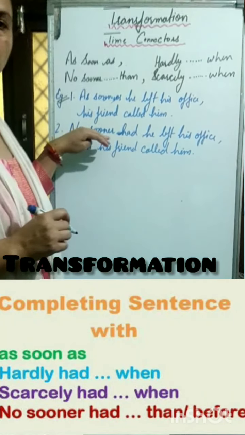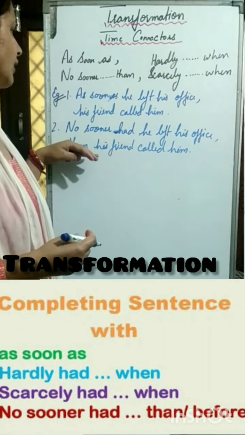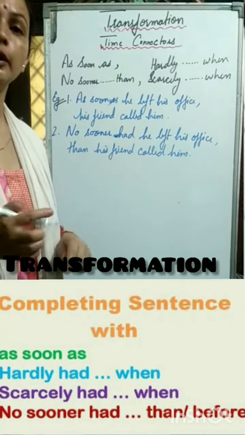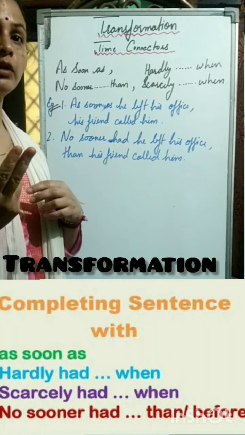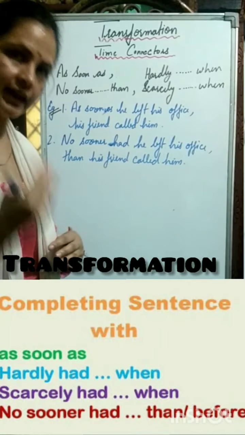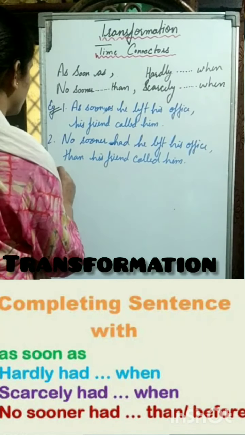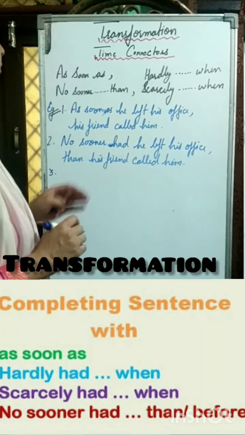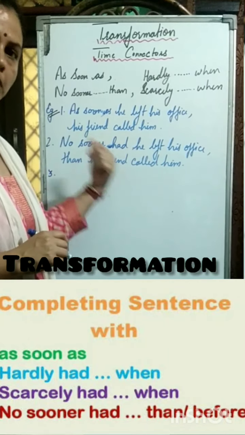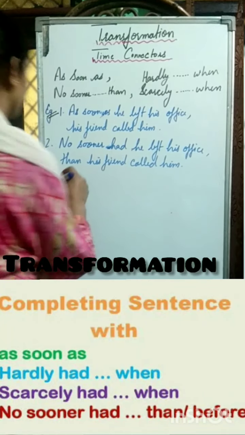So, no sooner had he left his office, then his friend called him. Again, here we are discussing two actions. First, he left his office and then his friend called him. Now again, I'm going to use another connector to transform the same sentence, that is hardly when.